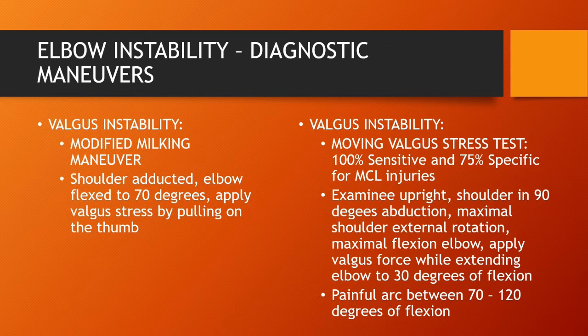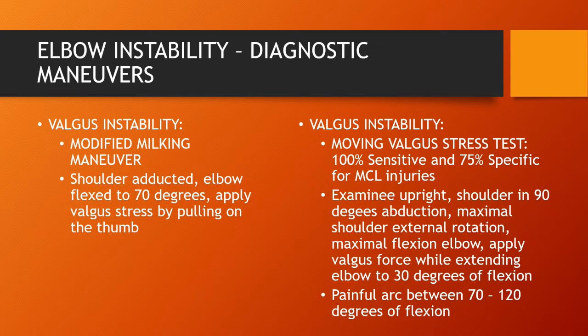And then finally, we have the moving valgus stress test. With the moving valgus stress test, the examinee is in an upright position. The shoulder is in 90 degrees of abduction with maximum shoulder external rotation and maximal elbow flexion.